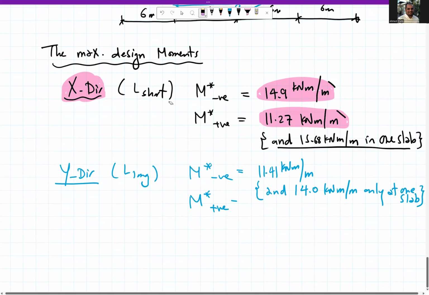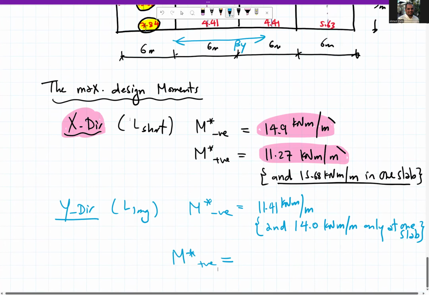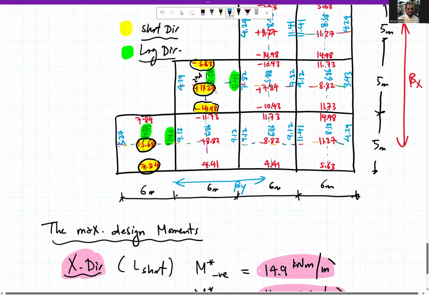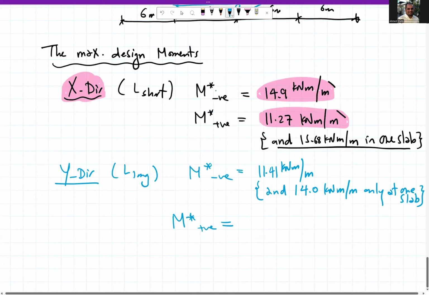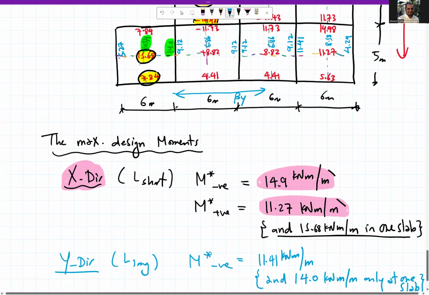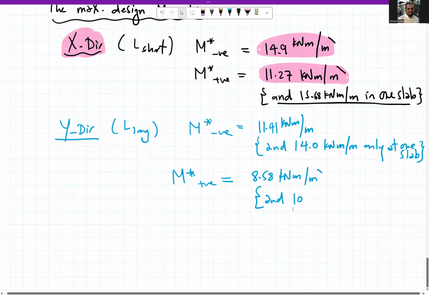And the other value is M positive, the positive moment, as you can see, is 8.58 kilonewton meter per meter, and 10.54 kilonewton meter per meter at only one slab.